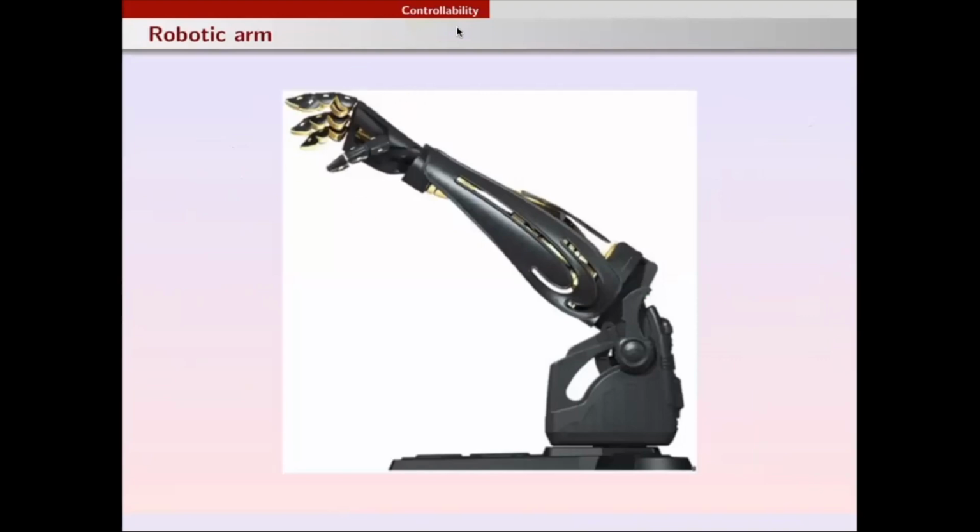So, for instance, we have seen how biomedicine has been substantially developed, so we can even develop bionic arms for people that have some genetic defect or have lost an arm in an accident.